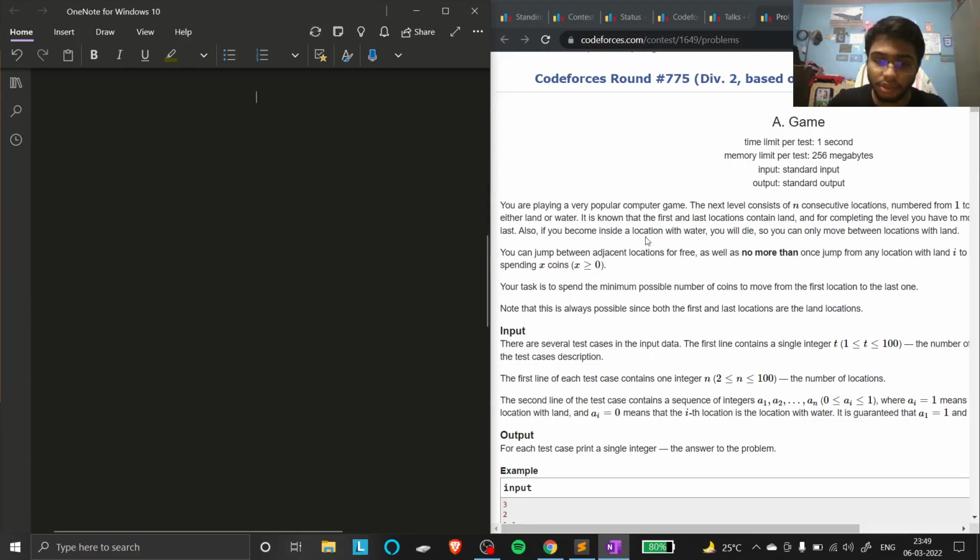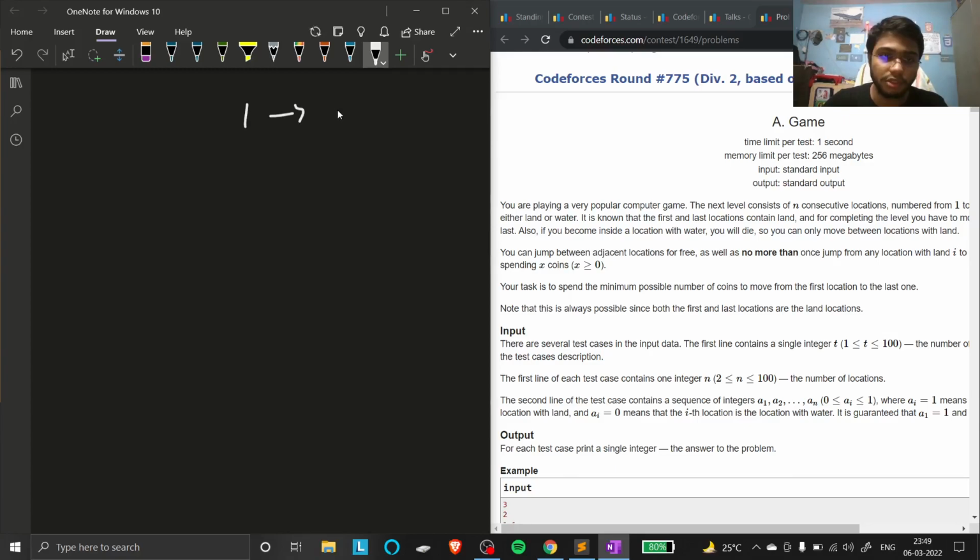In this question, everything is very clear. If one comes, it shows land, and if zero comes, it shows water.